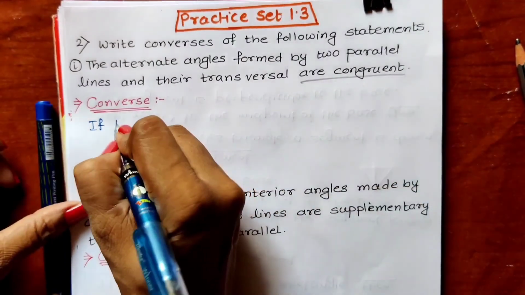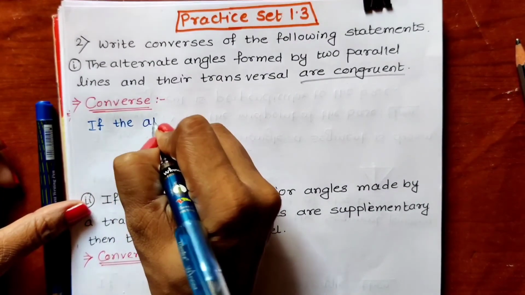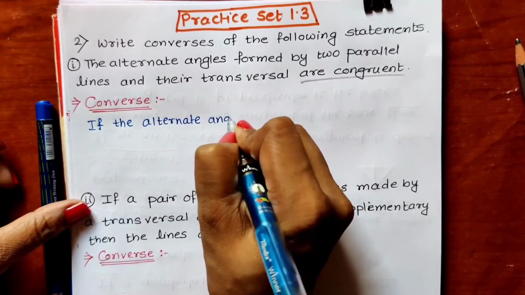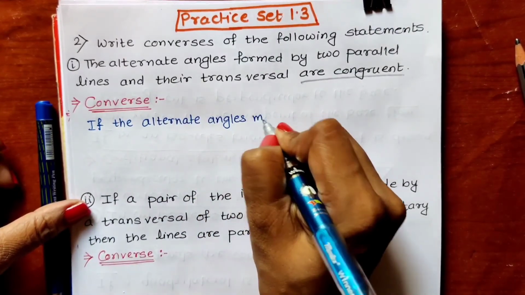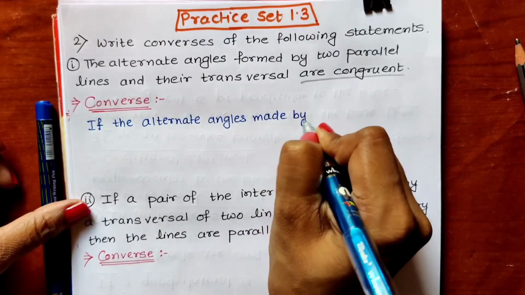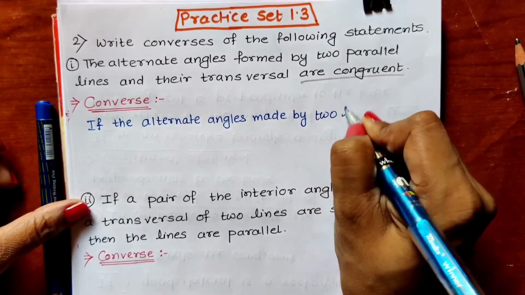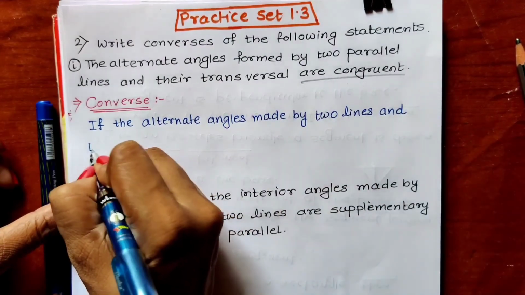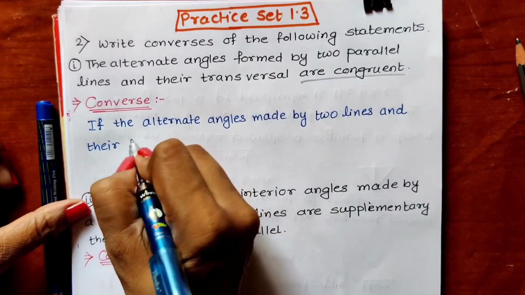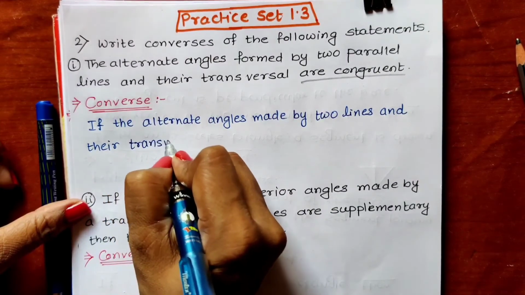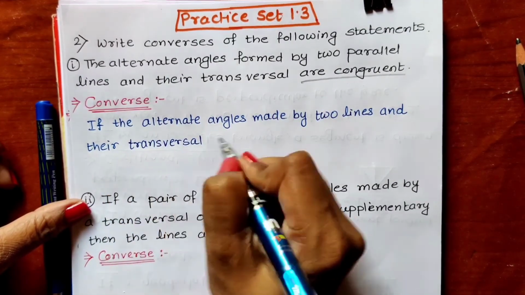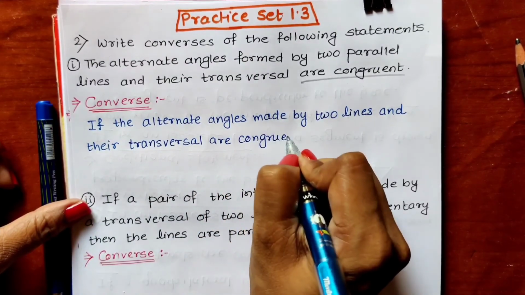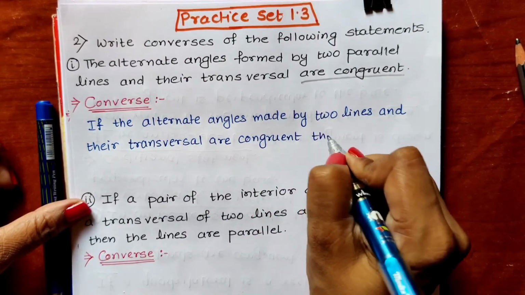If the alternate angles made by two lines and their transversal are congruent, then what will happen?